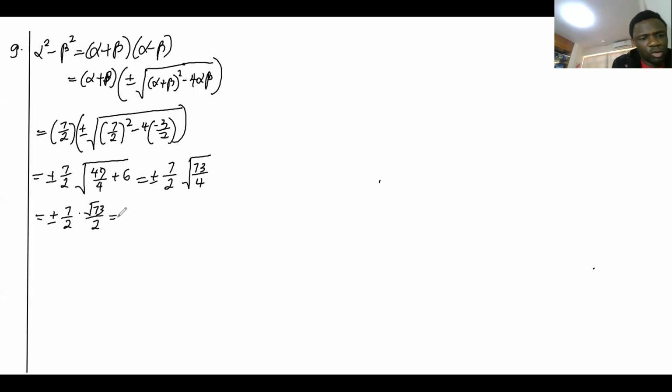So the two values will be what? 7 root 73 over 4, or negative 7 root 73 over 4. So those are the possible values of alpha squared minus beta squared.